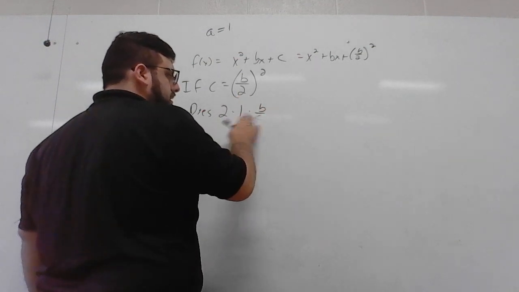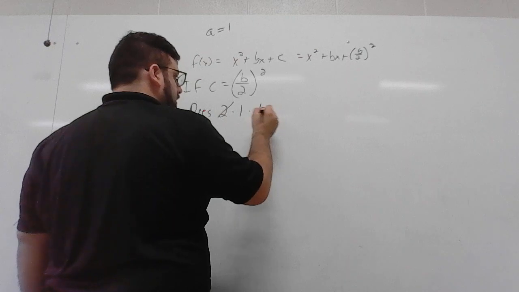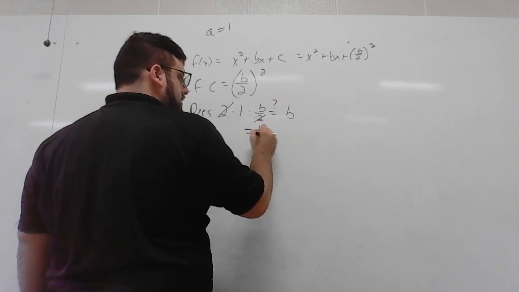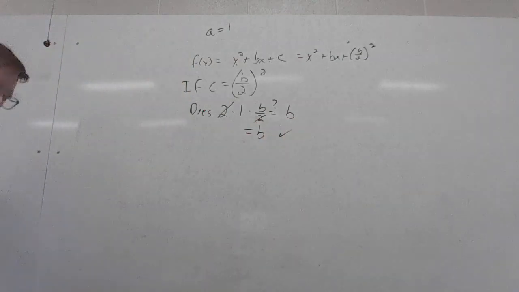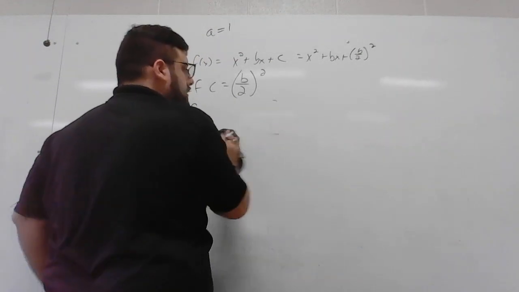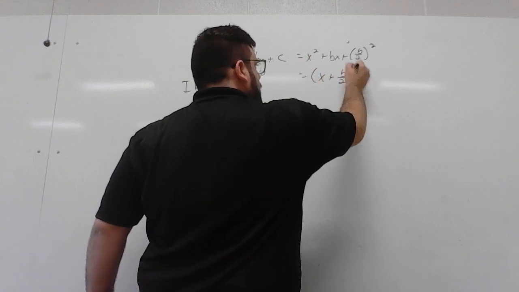So the 2's would cancel, 1 times b would be b, so it does check out. This is actually a perfect square trinomial, which means it can be factored to x plus b over 2, squared.